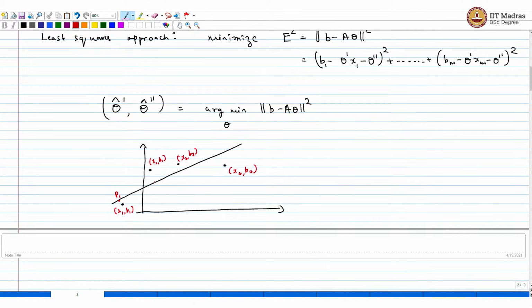Let's call the projections p1, p2, p3 and p4. You want to find these points p1, p2, p3, p4, and these distances are the errors E1, E2, E3, E4. We want to find the line that minimizes the sum of the squared distances.